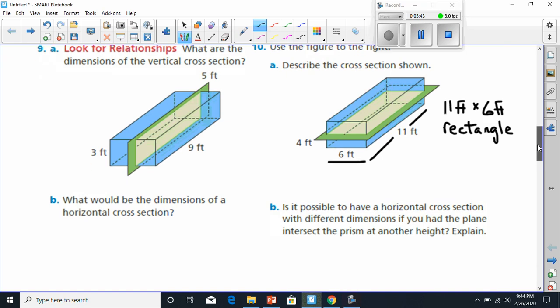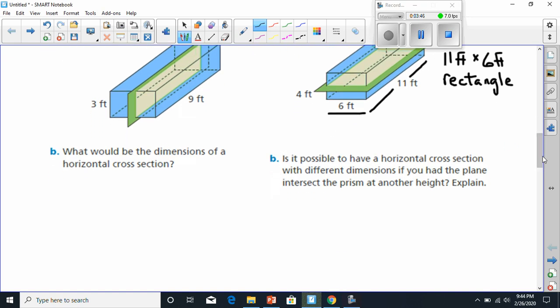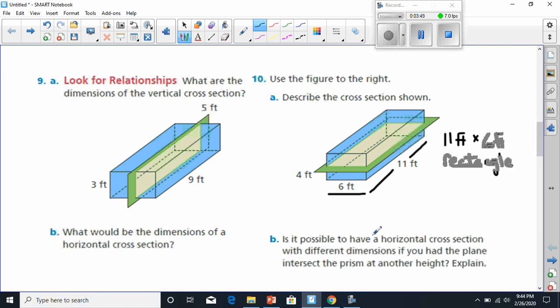We see that number 10 has a part B to it. Part B says, is it possible to have a horizontal cross section with different dimensions if you had the plane intersect the prism at another height? Well, a horizontal cross section is one that's going across the middle there, and we're saying if you had it at a different height, right? In other words, if this slice, instead of being in the middle, was cut across here, and then went here.